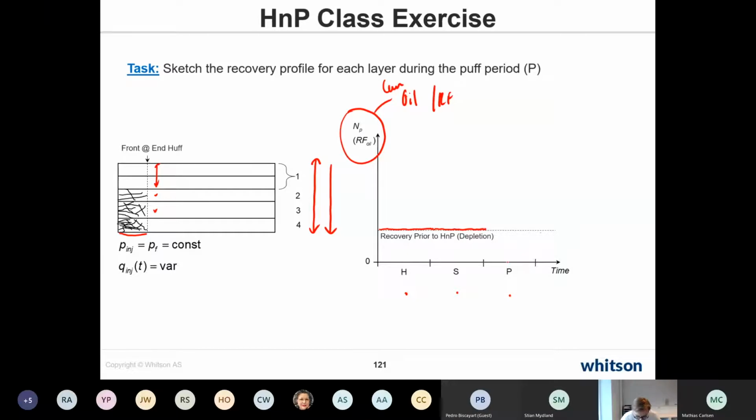But then we're putting this stuff on production, and in the cases where we have no complexity, no fractures, just a planar matrix block that we inject gas into, and we do that in a huff and puff style, we'll essentially get zero incremental recovery from huff and puff. So this first line right here is line number 1.